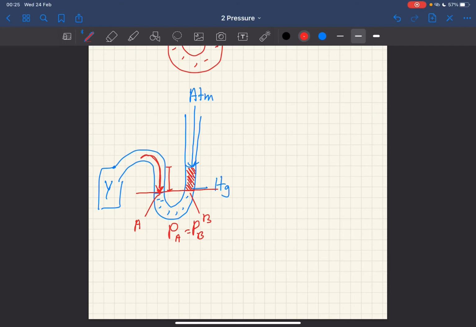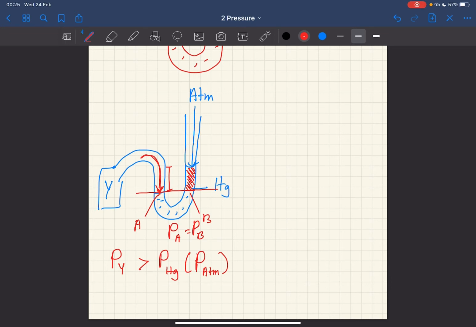That means the gas pressure Y is greater than the pressure of the atmosphere. So how much stronger is the gas than the ATM?